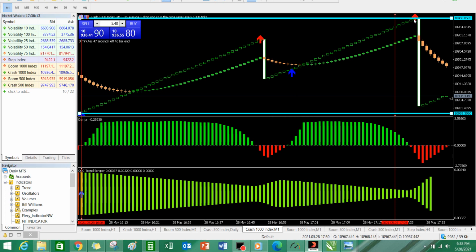You can see it crashed down and stopped just above our entry point. I can bet it's going to go back up. It should get to the top here, even above this level, before the trend will change.